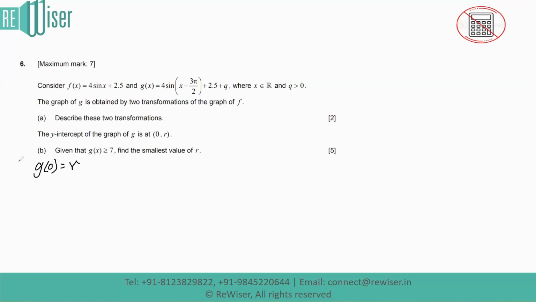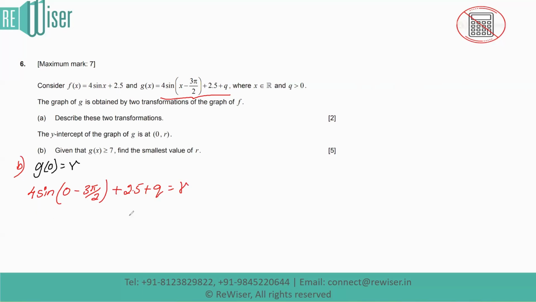So for part B, g of 0 is r. What do we mean by g of 0? If I substitute x as 0, I get 4 into sine of (0 minus 3 pi by 2) plus 2.5 plus q, and this equals r.